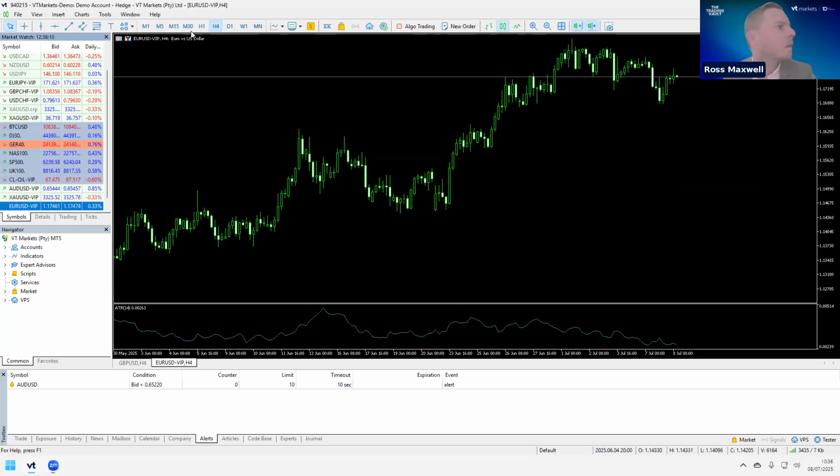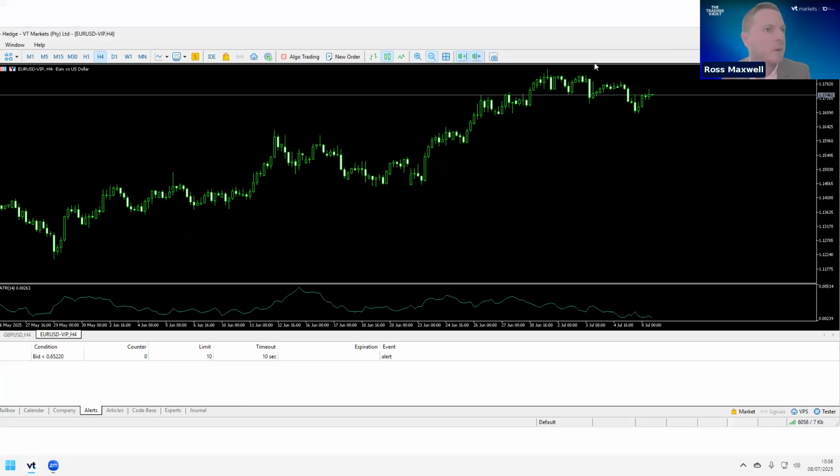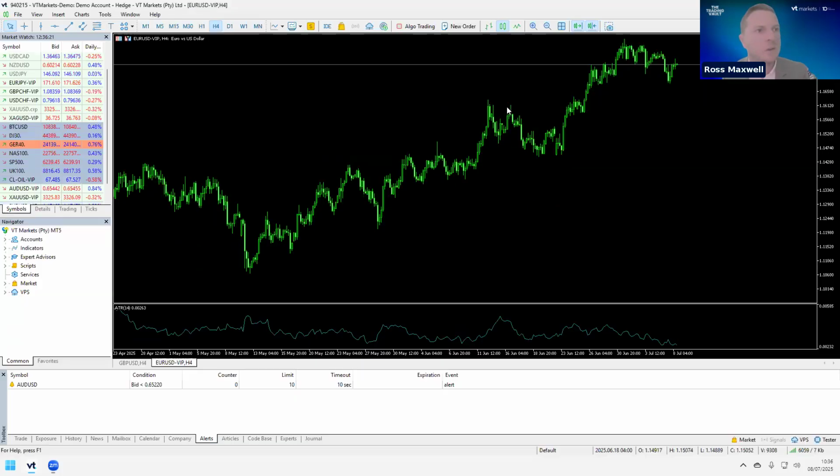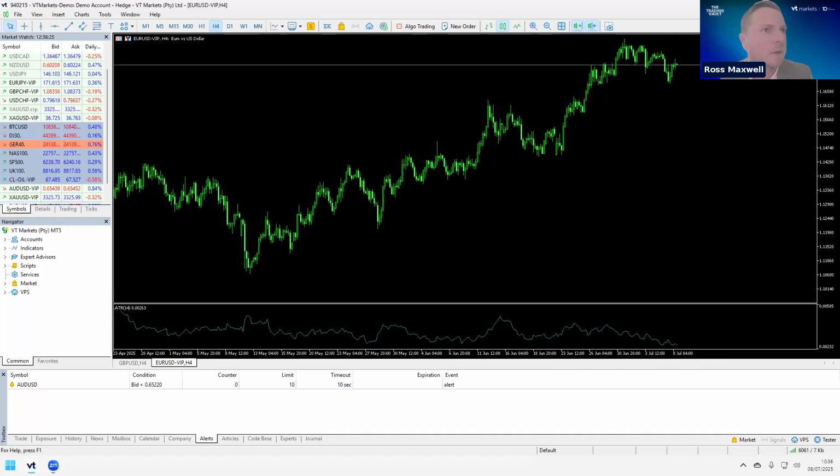Okay. So euro dollar has been quite bullish recently, both because we've got some weakness in the US dollar, but we've also had some strength in the euro. Bear with me 1 second.